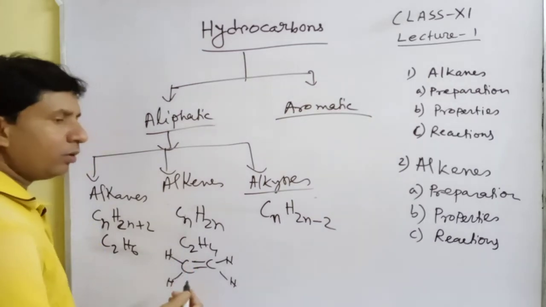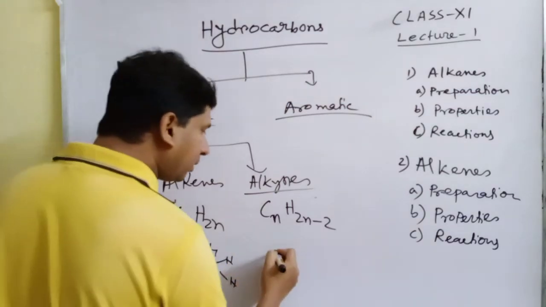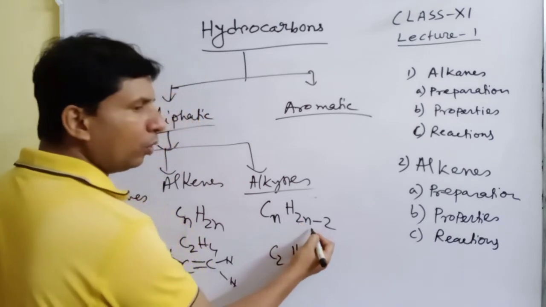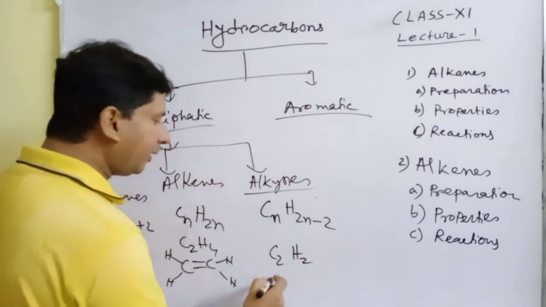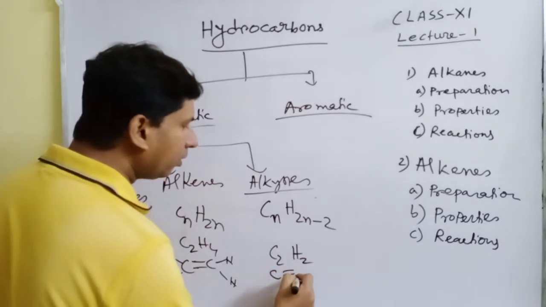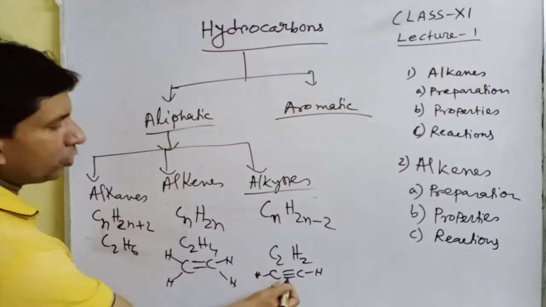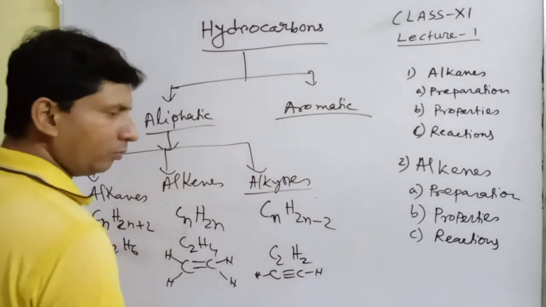And for alkyne, C2H(2 into 2 minus 2), that is 2, so we can write C triple bond C. This is also unsaturated because both sigma bond and pi bond are there.